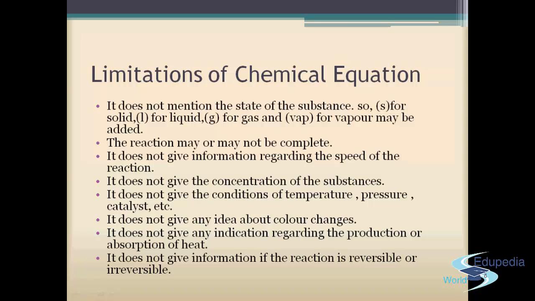It also does not give any indication regarding the production or absorption of heat, that is, whether the reaction is exothermic or endothermic. It also does not give any information on whether the reaction is reversible or irreversible.